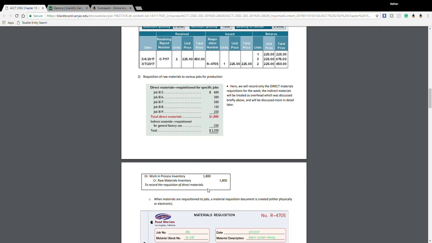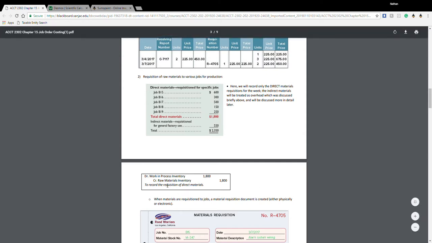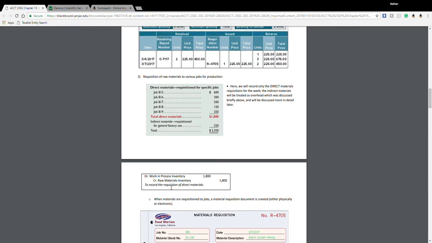So once we stick it in there, we're going to debit WIP and credit raw materials. Again, raw materials is going out. It's now being used in the production process of that product. So now it's part of the WIP, or the work that's being done currently.